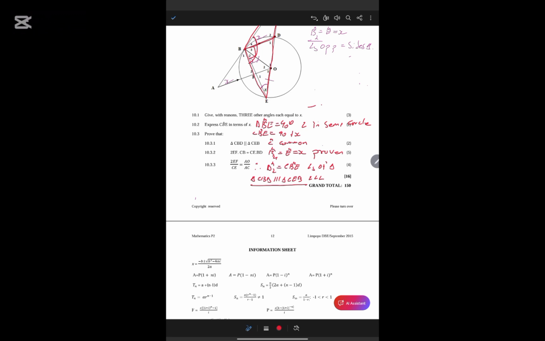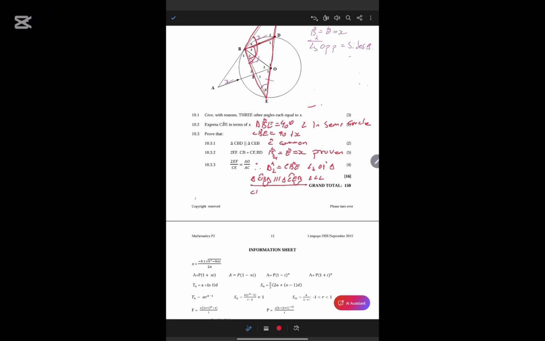Going back, I see CB and BD. From the first triangle, I'll write the ratio of CB over BD, which is equal to CE over EB.